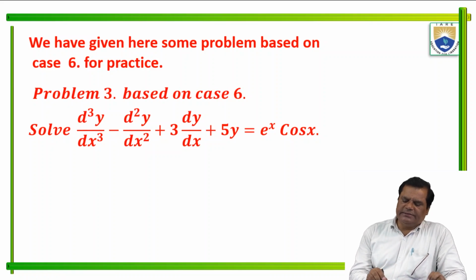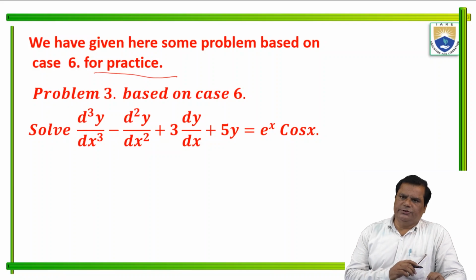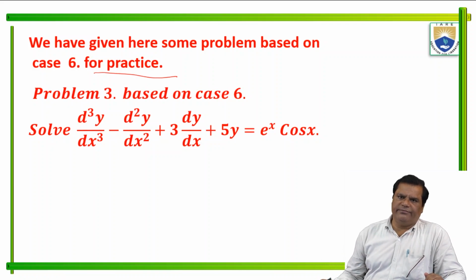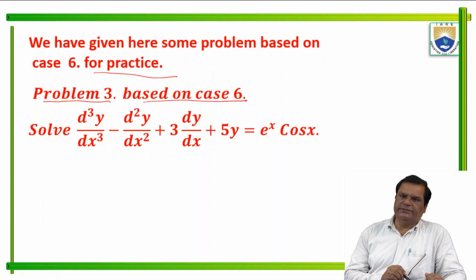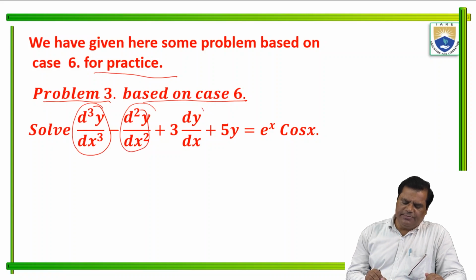Now we have given some problems based on case 6 for practice. You can solve these questions yourself. Problem 3 based on case 6: d cube y over dx cube minus d square y over dx square plus 3 dy over dx plus 5y equal to e to the power x cos x.